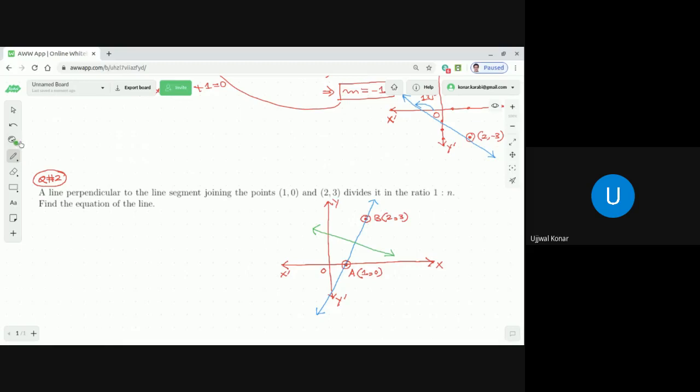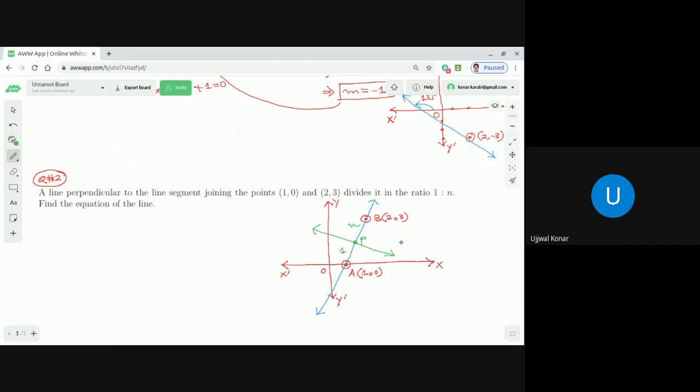So indirectly, you need to find the fixed point through which the straight line is passing. Suppose P is a fixed point, and it is dividing the line segment AB in the ratio 1:n.